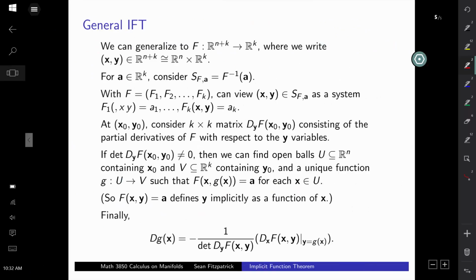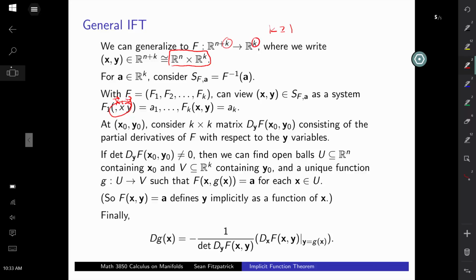Okay, just to finish off, there is a generalization here. Oops, I don't know what happened here. All right, that's supposed to be x, y. So the way you can generalize is these were equal to 1 before, so you consider values of k now possibly bigger than or equal to 1, and you consider functions from R^(n+k) into R^k, and you think of that R^(n+k) as splitting it up into the R^n part and the R^k part.